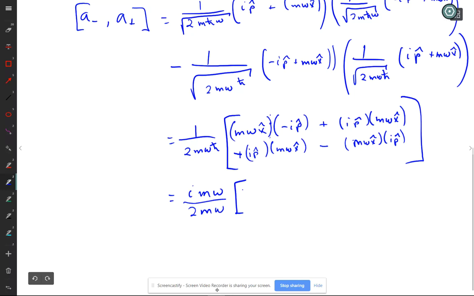And I have minus x hat p hat plus p hat x hat plus p hat x hat minus x hat p hat. It's getting easier. Notice, I forgot an h bar here. The m and omega are going to cancel for me.